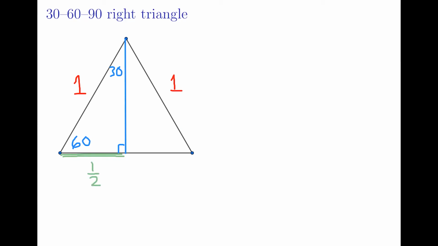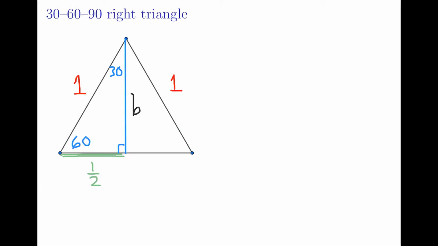And now what we have is a right triangle with a hypotenuse of 1. It's got another side whose length is 1/2, and it's got a missing side whose length we don't know. That's this vertical piece right here. Let's call that B. And now we have a right triangle with sides of length 1/2 and B and 1.